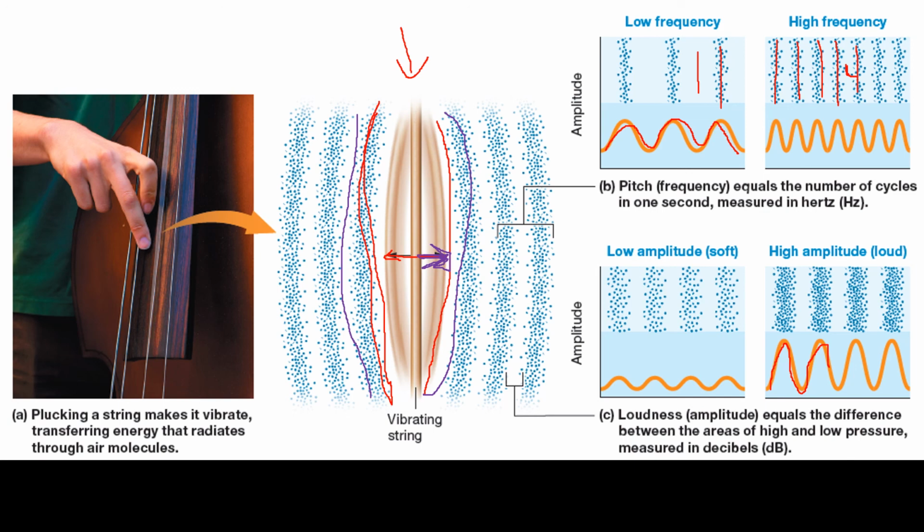So it's displacing these air molecules, but not very much. So this is a soft sound. When you whisper, you're not displacing as many air molecules, and so it sounds softer. Whereas when you're yelling, you're displacing many more air molecules.